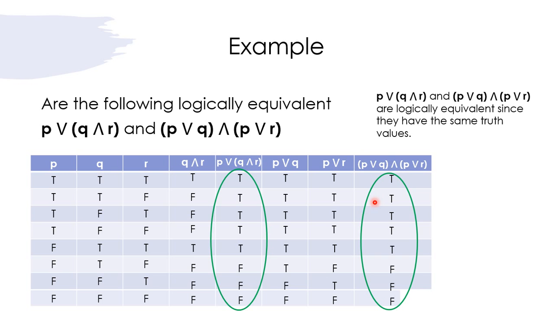All of them have to be the same. Since they're all the same here, it means that the statement which came earlier is true. So these two statements are logically equivalent. That's how we show, using truth tables, that two statements or two propositions are logically equivalent.